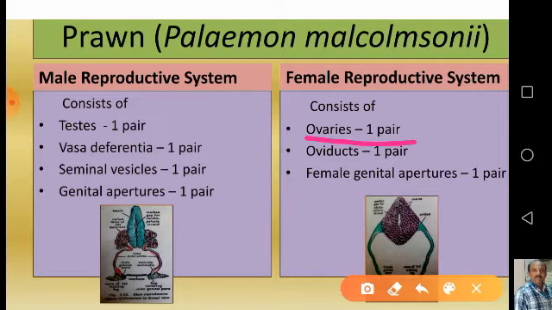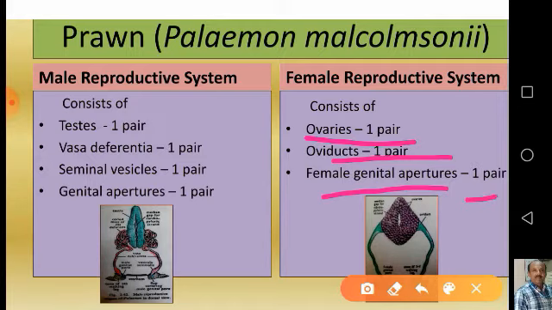A pair of ovaries and one pair of oviducts are present. Unlike the male system, which possesses seminal vesicles, here there is nothing for the storage of eggs. Female genital apertures are also present, one pair.